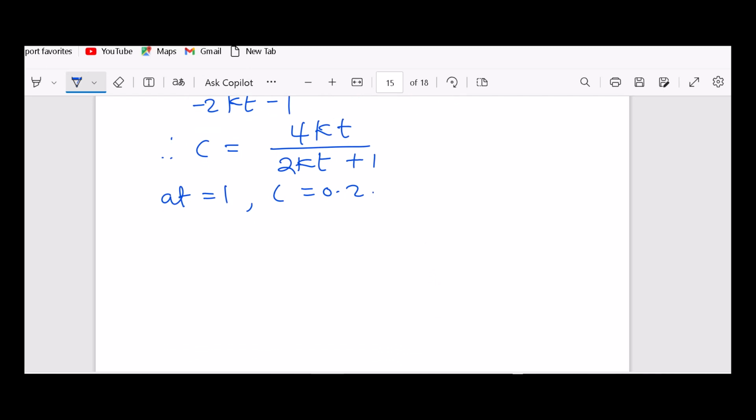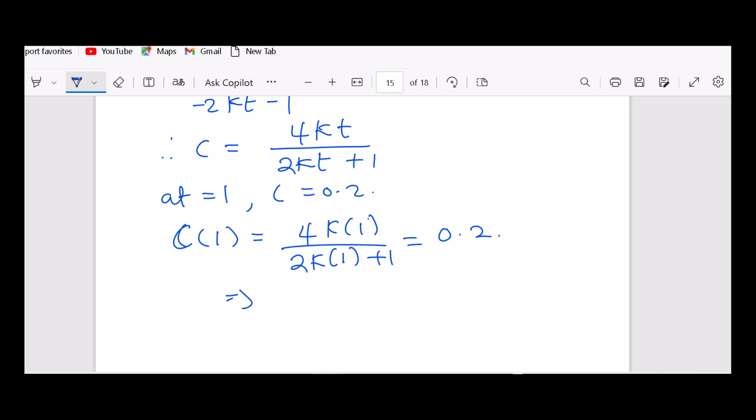So right now we have C of 1 equals 4K of 1 all over 2K of 1 plus 1 equals 0.2.